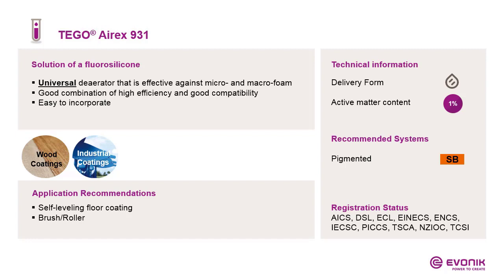We like this deaerator because it is a universal deaerator, and it is not only effective against micro and macrofoam, but also provides a good combination of high efficiency and good compatibility. One thing I would like to highlight on this product is that because it is a solution, it is quite easy to incorporate into the system. This cannot be used in UV systems, but is more recommended for pigmented and solvent-borne systems.